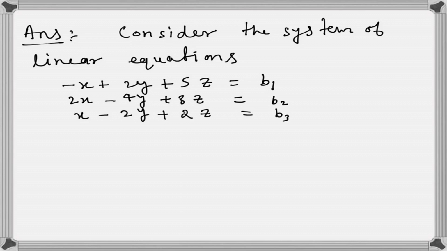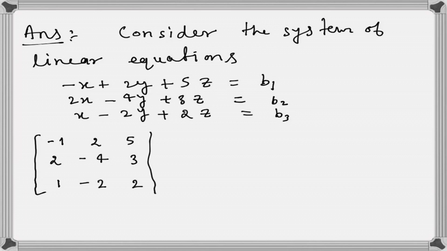So write the augmented matrix for this system, which is nothing but minus 1, 2, 5, 2, minus 4, 3, 1, minus 2, 2, and then b1, b2, b3.